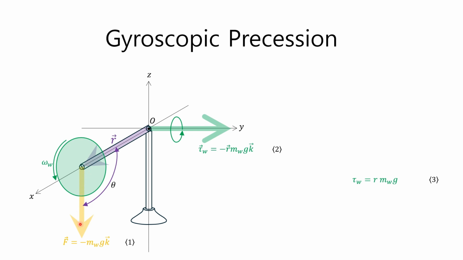At this time, the torque can be expressed as a scalar quantity as in equation 3. However, when the gyroscope rotates at a high speed, the gyroscope does not fall to the ground, but rotates about the axis Z, which is called the precession motion of the gyroscope. Let's find out how this phenomenon occurs.